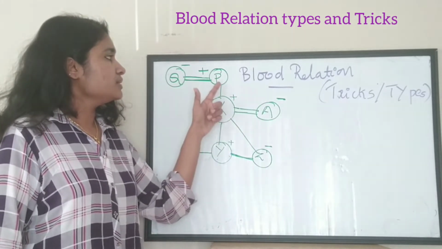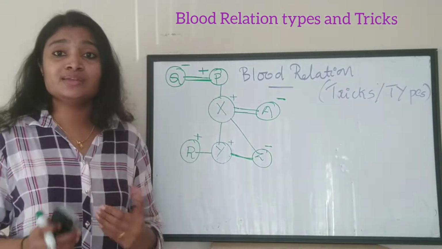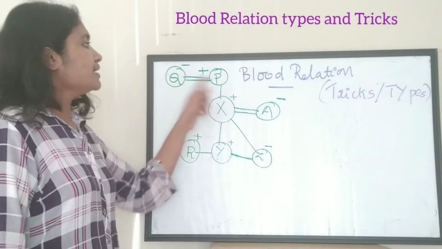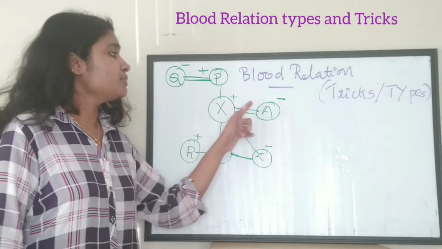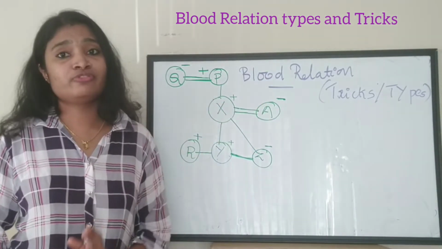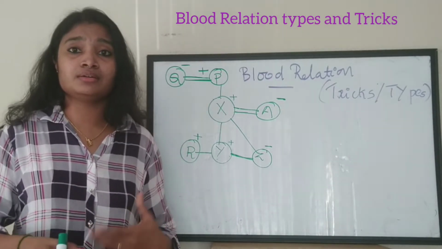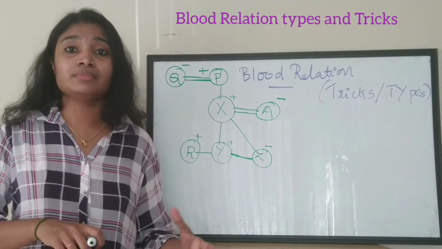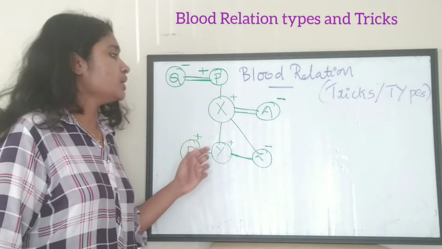Again, between P and Q there is a double parallel line, which indicates that they are again husband and wife. Okay, so that is the first convention, the double parallel line, and also plus for male and minus for female. If you want to change that, making female plus or male minus, you can, but this is the general convention we use.